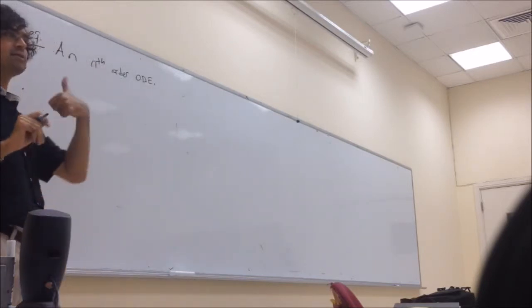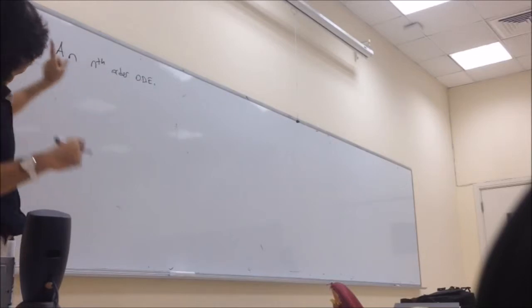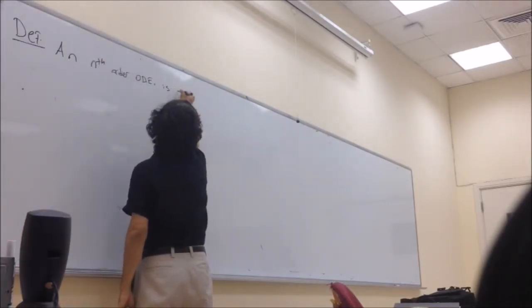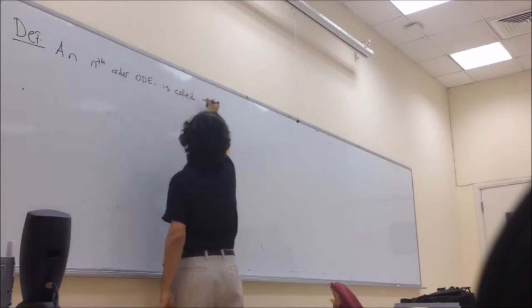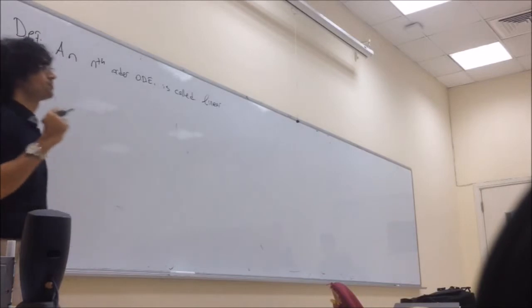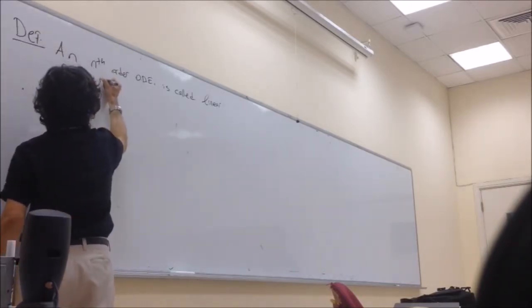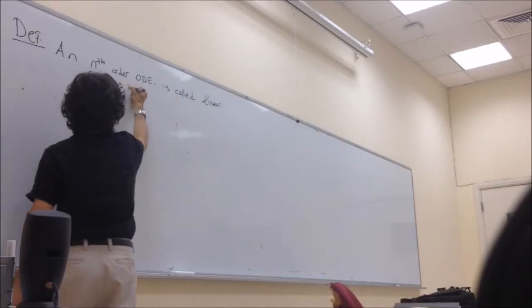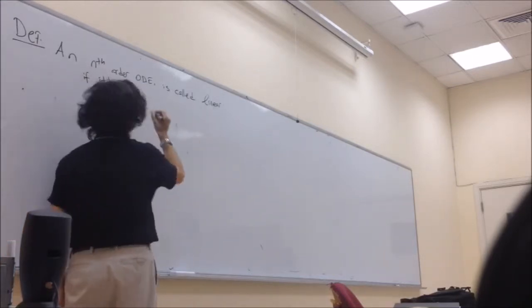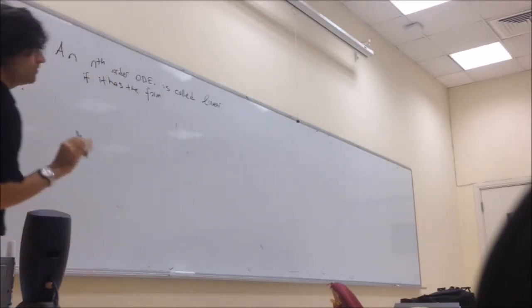Order, again here n is a positive integer, so it can be 2, 3, 5, 1, whatever. Okay? And an nth order ODE is called linear if it has this form.